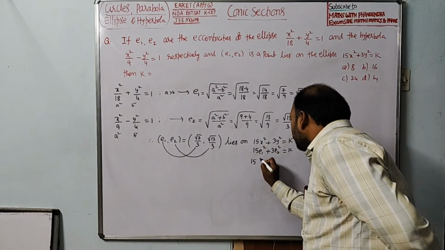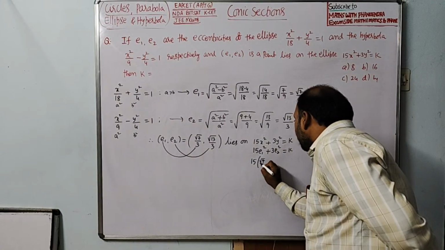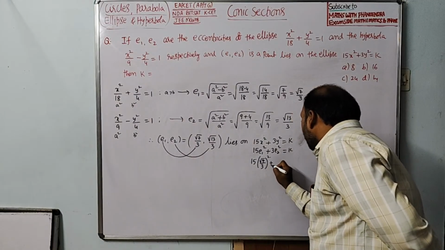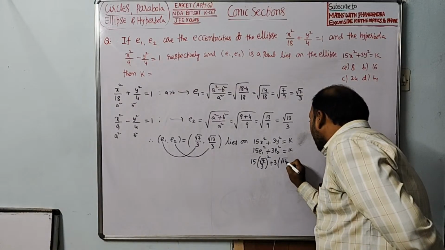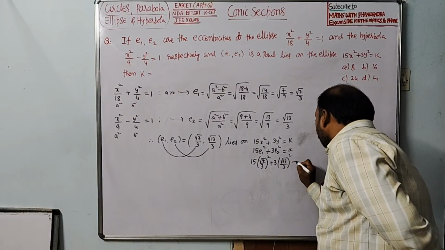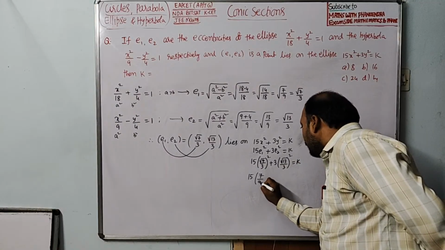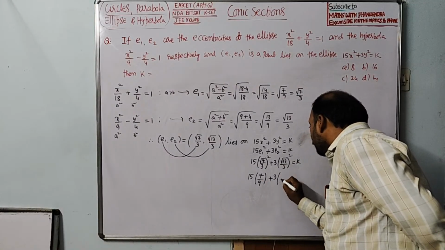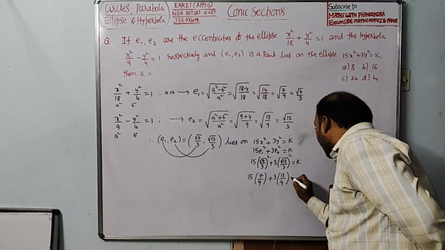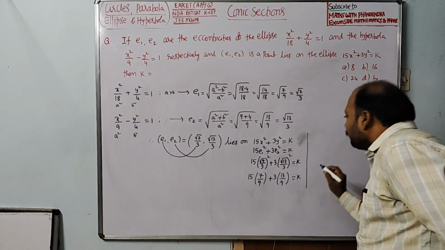So 15 into (root 7 by 3) whole square plus 3 into (root 13 by 3) whole square is equal to k. 15 into 7 by 9 plus 3 into 13 divided by 9 is equal to k.